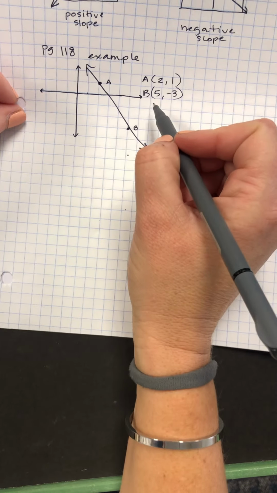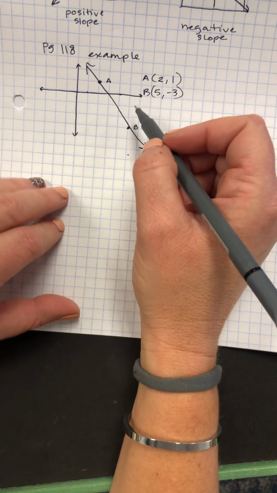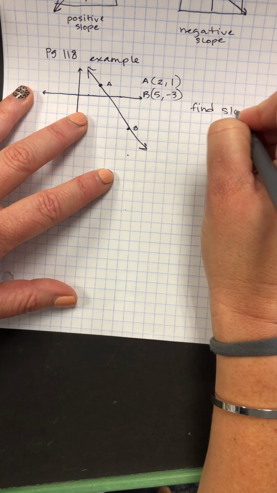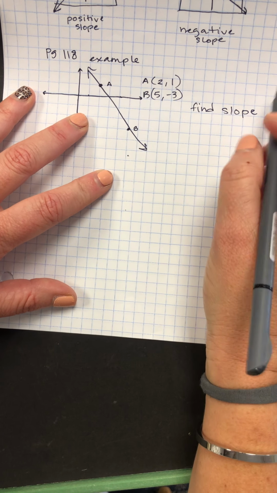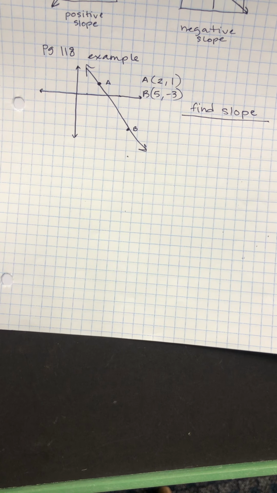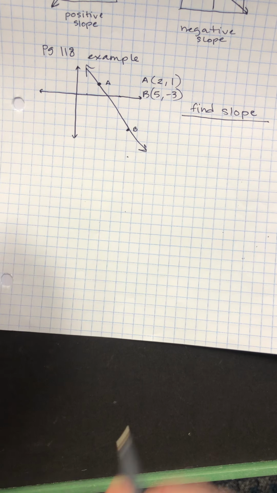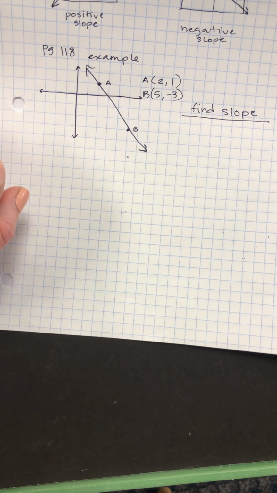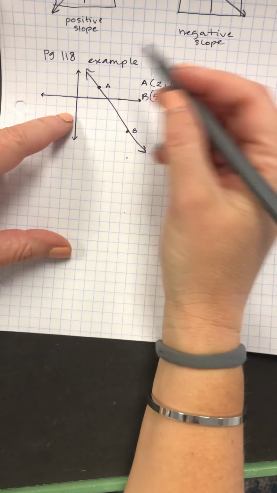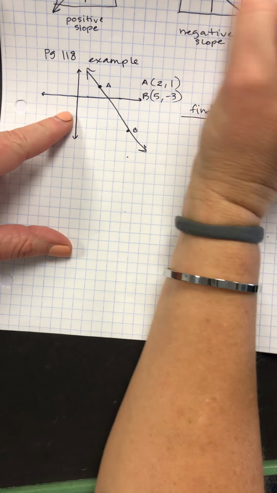Okay, so for this one, our question says find slope. When we have a graph, it's actually easy, because all we have to do is check our change, okay?